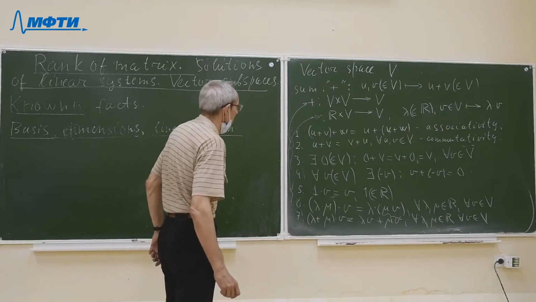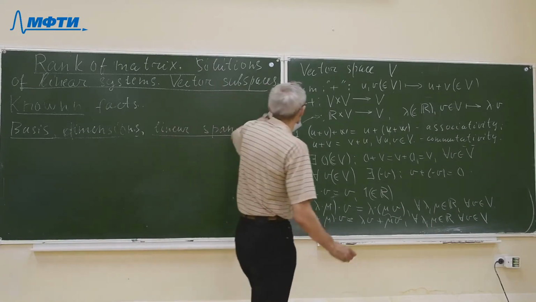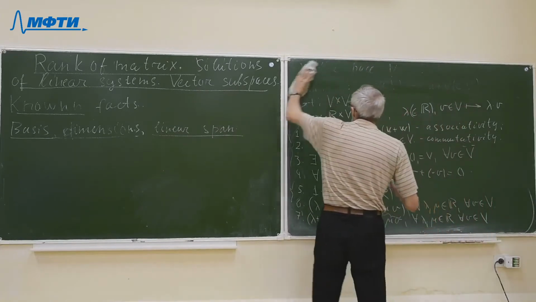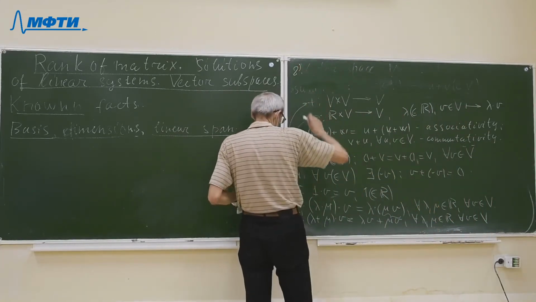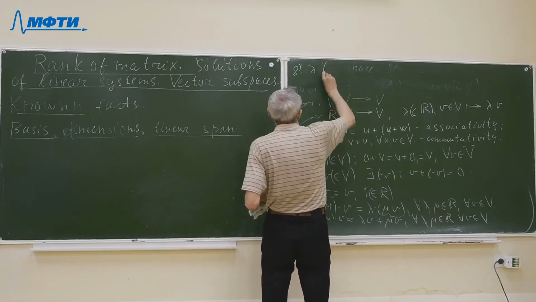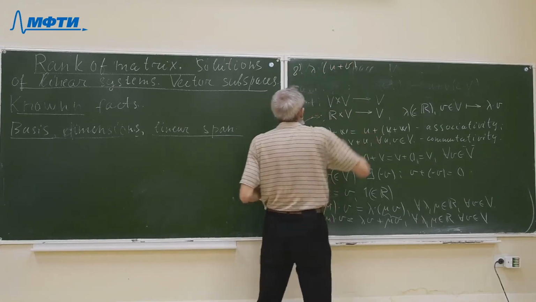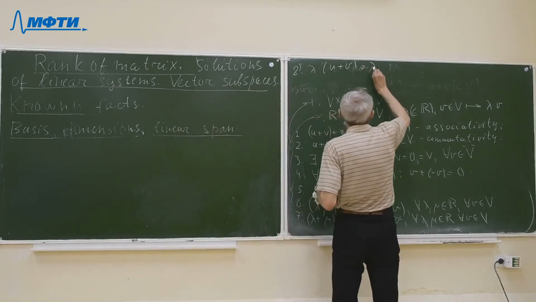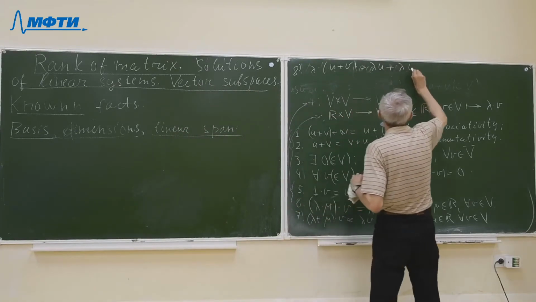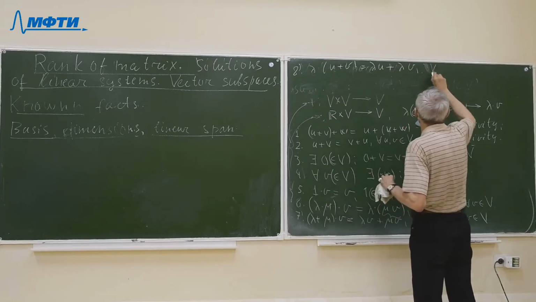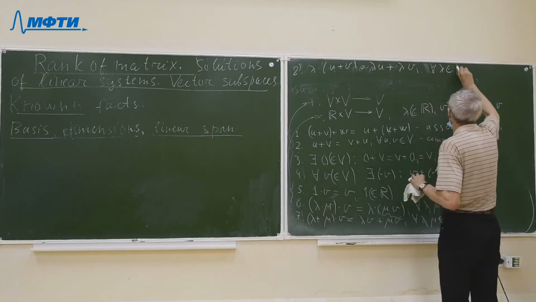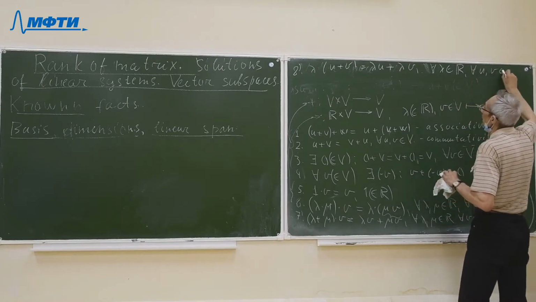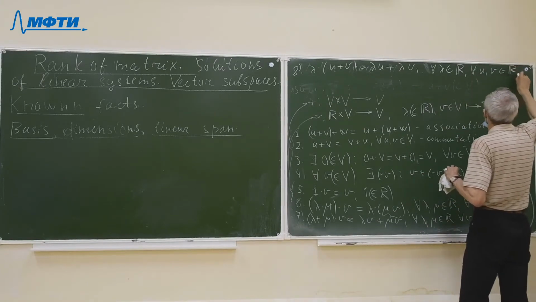And the last axiom, the eighth axiom: the product of real number lambda and the sum u plus v is equal to lambda u plus lambda v, for all real numbers lambda and any vectors u, v from V.